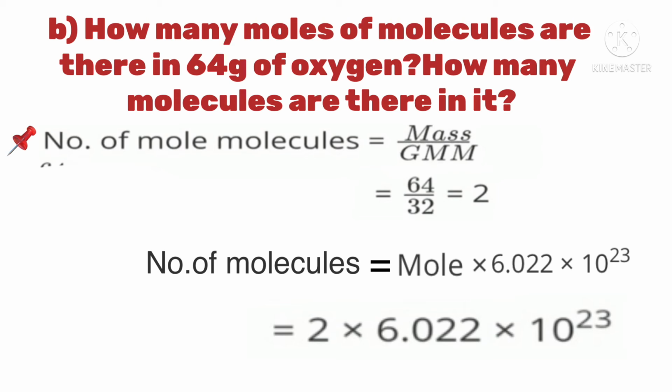How many molecules are there in it? Number of mole molecules is equal to mass divided by GMM, that is equal to 64 divided by 32 equals 2. And number of molecules is equal to mole into 6.022 into 10 raised to 23, that is equal to 2 into 6.022 into 10 raised to 23.